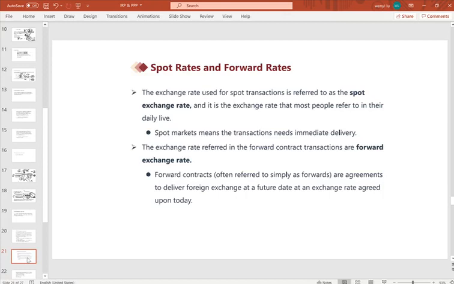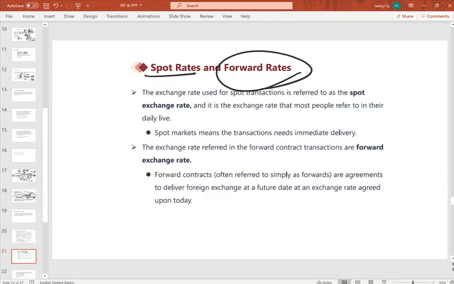Next, I want to review something about forward: the spot rate and the forward rate. What is spot rate? Spot rate is the rate you can observe on the market right now. That's the transaction you can observe immediately on today's market.